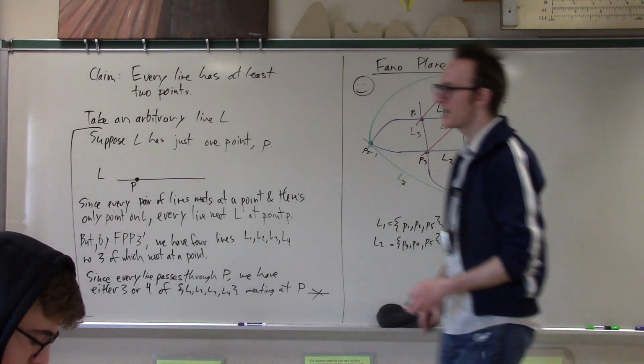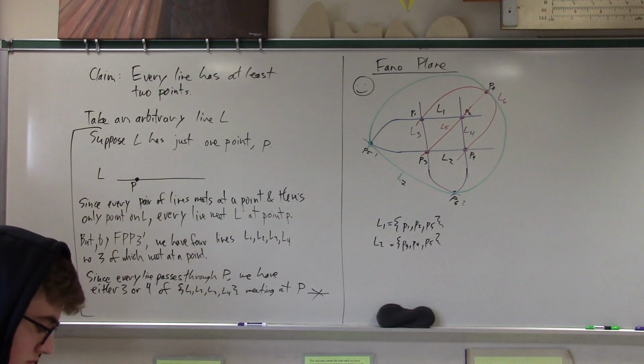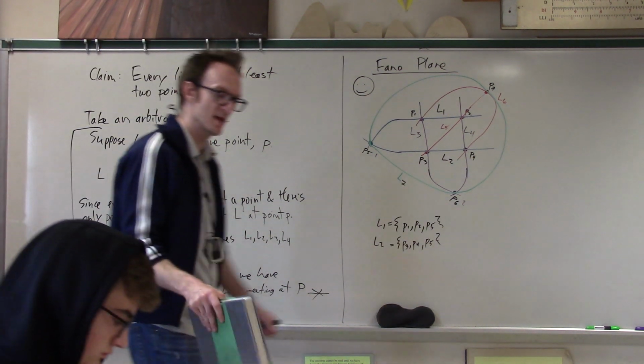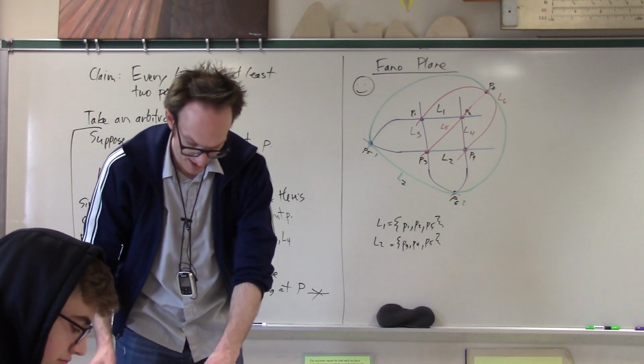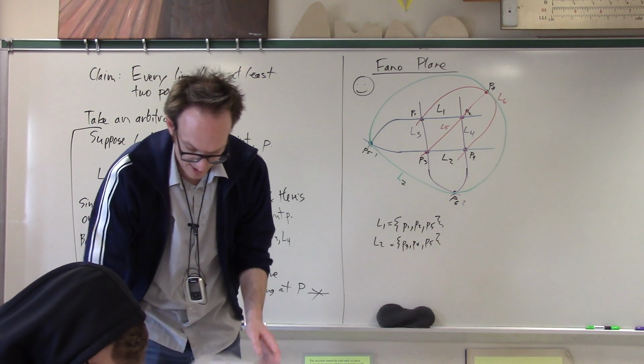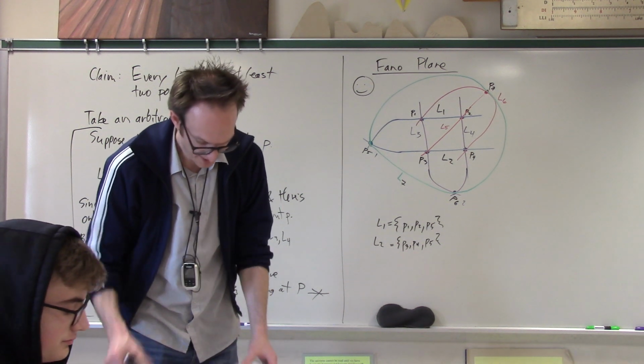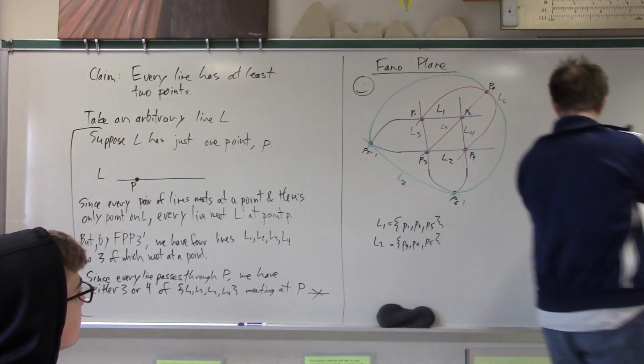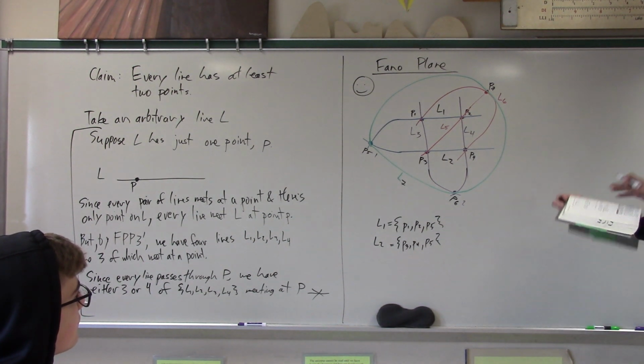This is not the way the Fano plane is usually depicted. The Fano plane is usually depicted kind of artistically in a different way, which I used to not like, but now maybe I like more. It looks like this.